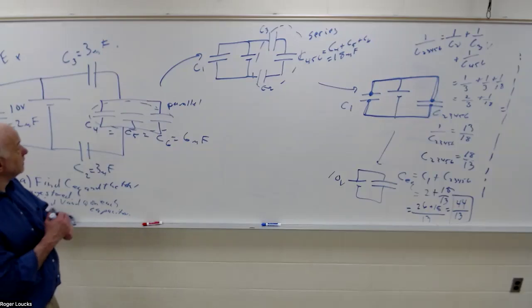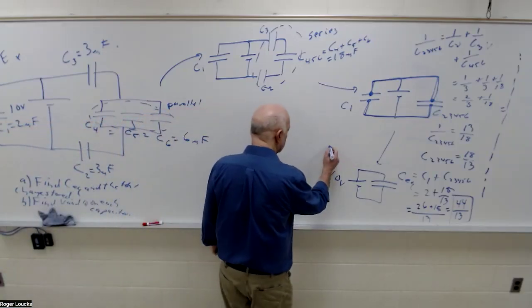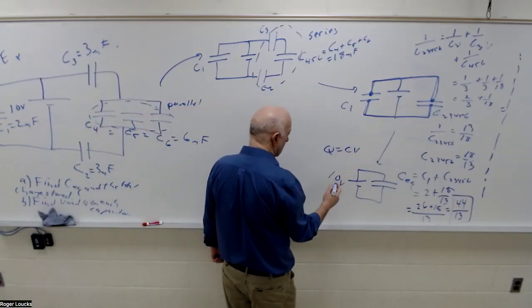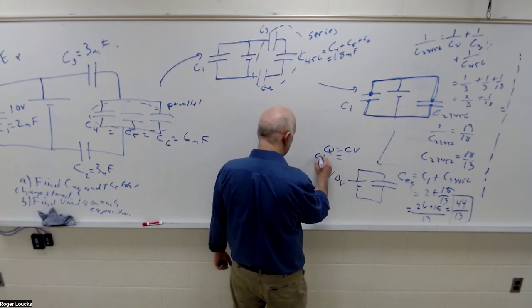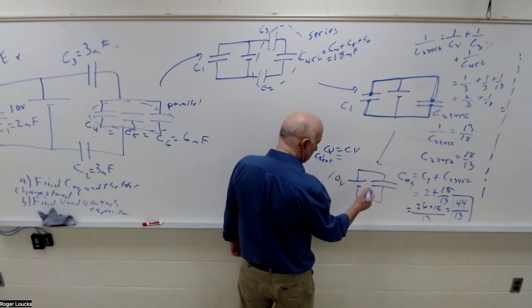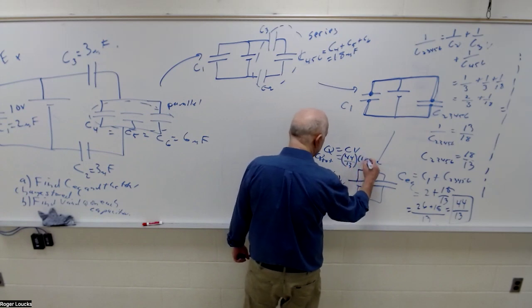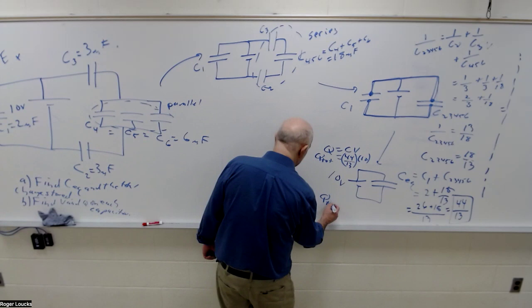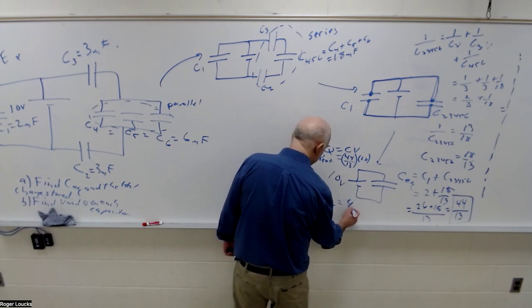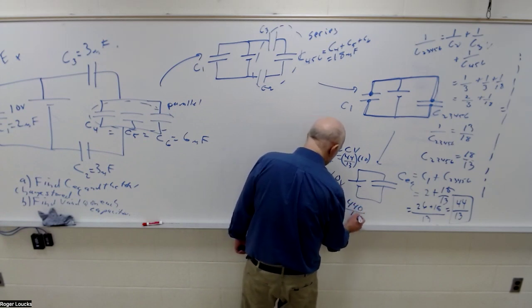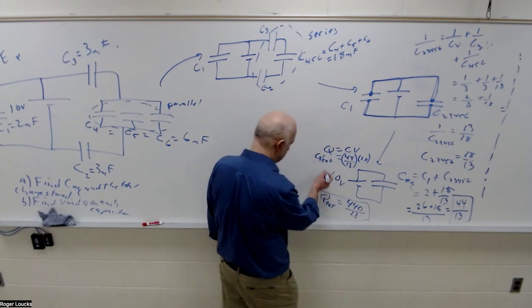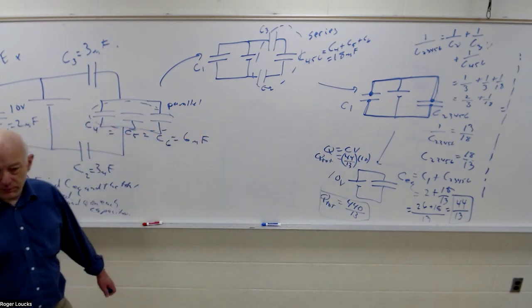You know that Q equals CV, so we just work it out. This is going to be our Q total. It's going to be your C, or 44 over 13 times 10, so the total charge is going to be the wonderful 440 over 13. Ooh, part A is done.